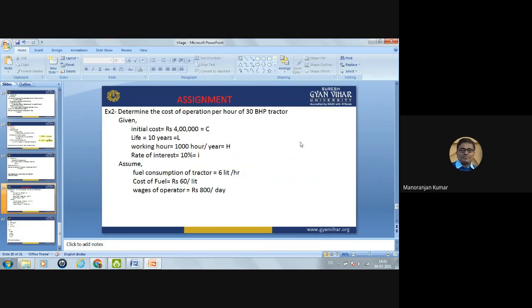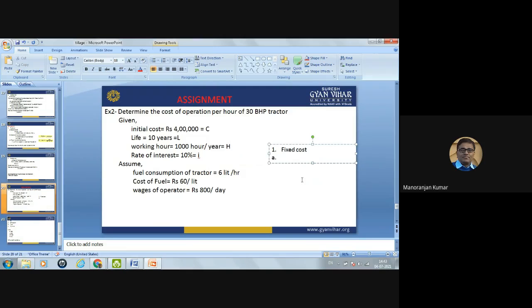So here you have to calculate the total cost of operation. For the total cost of operation, first you have to calculate what? Fixed cost. Under the fixed cost, you can calculate the depreciation first. After that, you have to calculate interest on investment, and after that, insurance, housing, etc. In this way, you add all these things and you will get the total fixed cost.